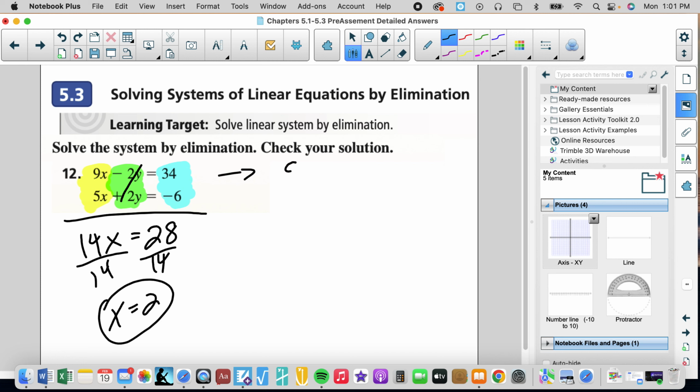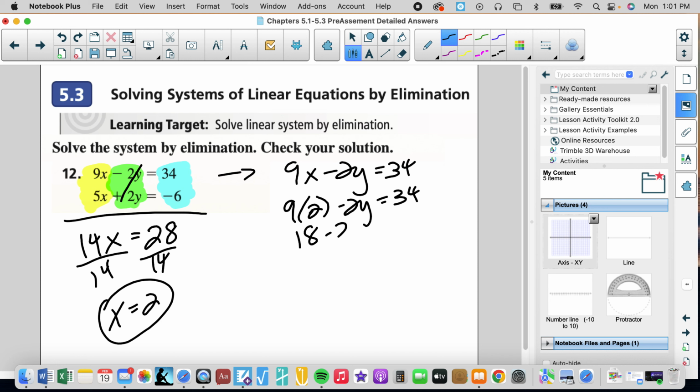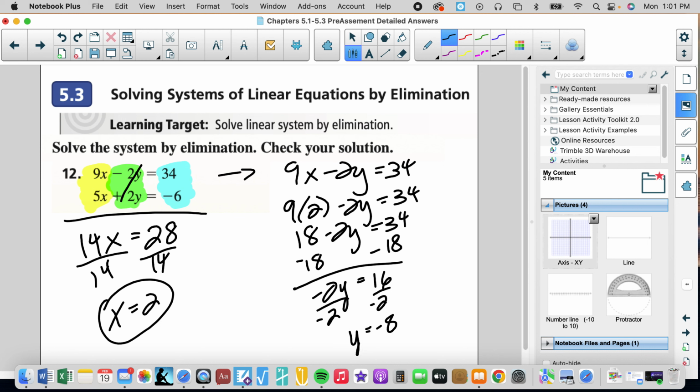We'll take one of the 2 equations and substitute my x value, which again gets rid of one of the variables. We only have one variable left, so that will allow me to solve for it. Minus 18, negative 2y equals 16, divided by negative 2, and we get y equals negative 8. So my solution is going to be (2, negative 8).